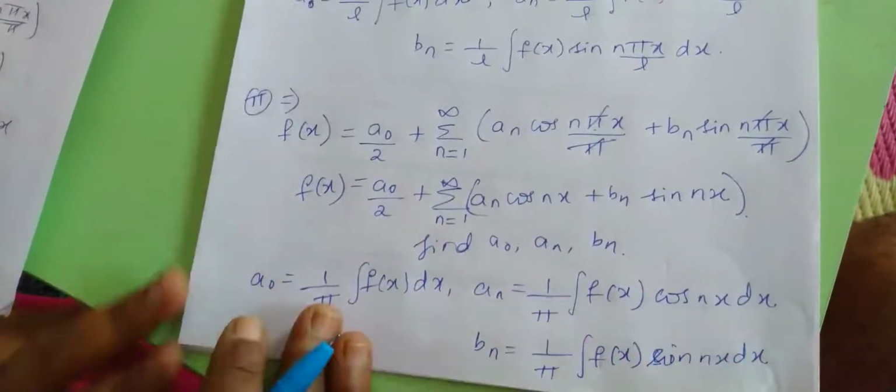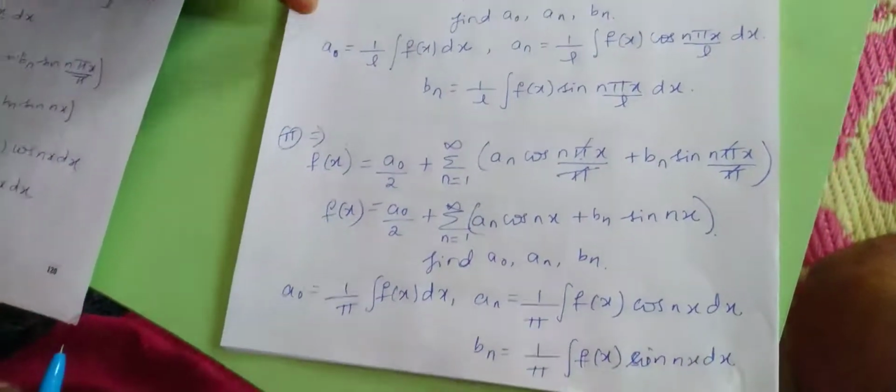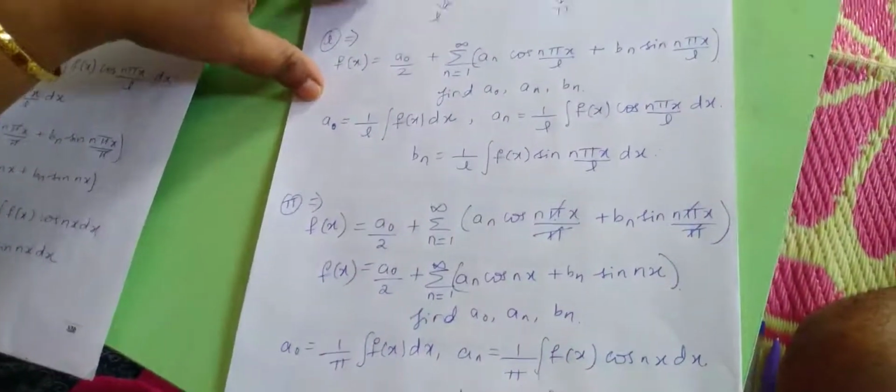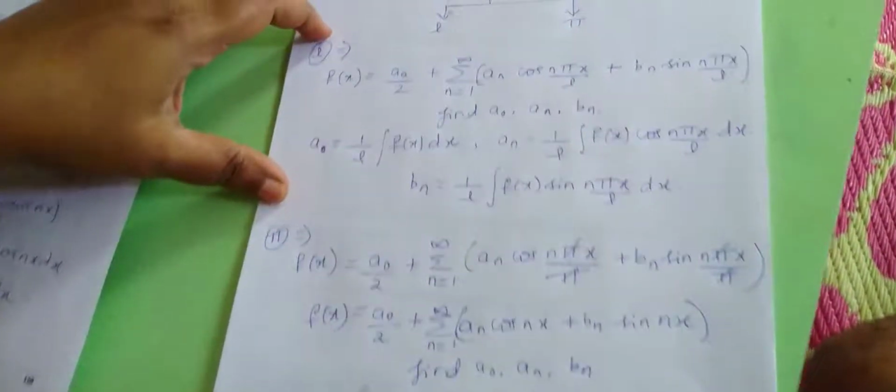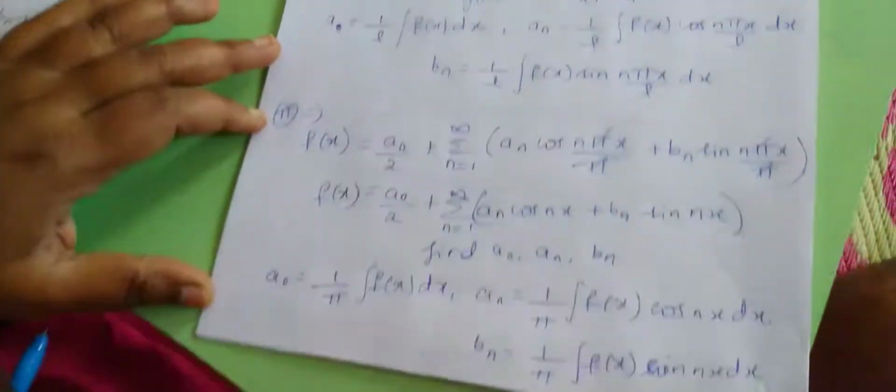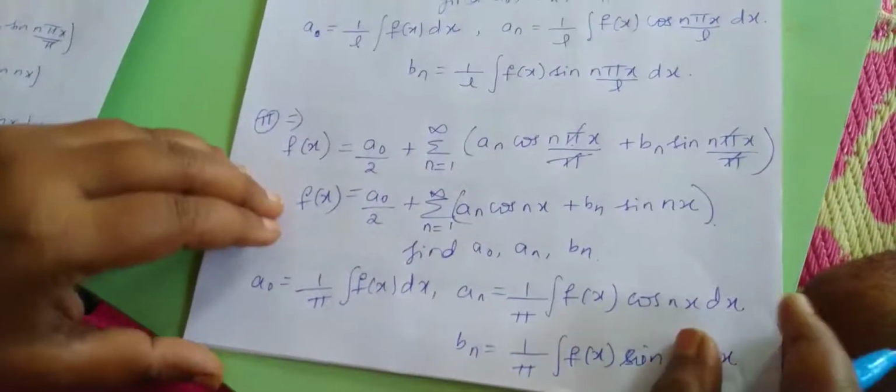So this is the formula that we are going to use for Euler's formula, single valued function in the interval L and pi. These are the formulas for L, and these are the formulas for pi. That is what we are going to use.